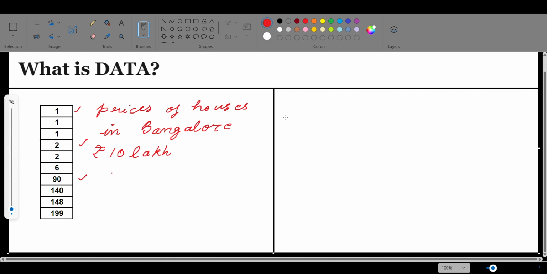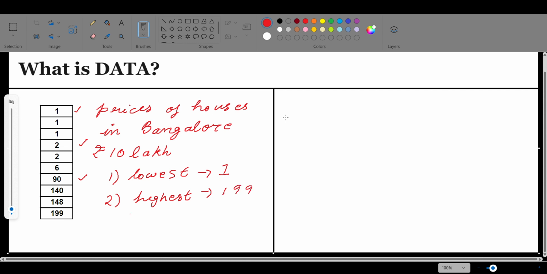For example, you could say that given these numbers and these prices of different houses in Bangalore, the lowest cost of a house could be 10 lakhs, or as represented over here in these numbers, 1. The highest cost would be 199.